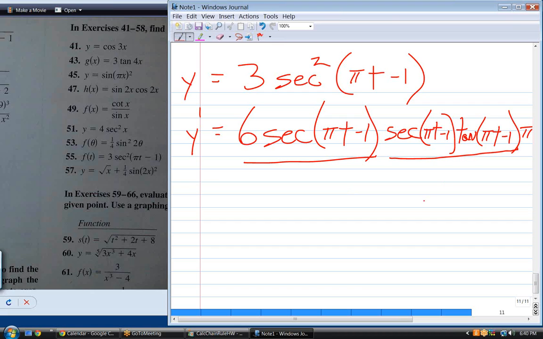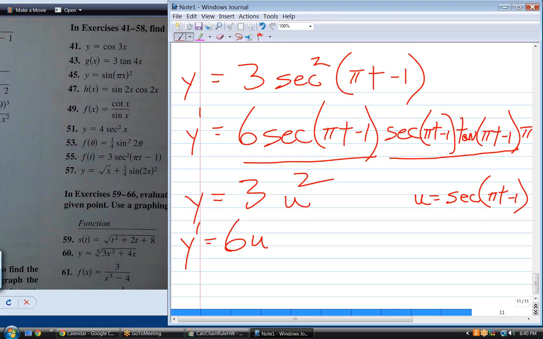The first U that I'm going to use is secant of pi t minus 1. Because now I will have y equals 3 times u squared, and I can use a simple power rule on that. That's 6u. So y prime would be 6u times du dt.